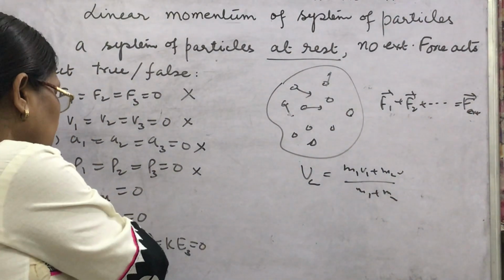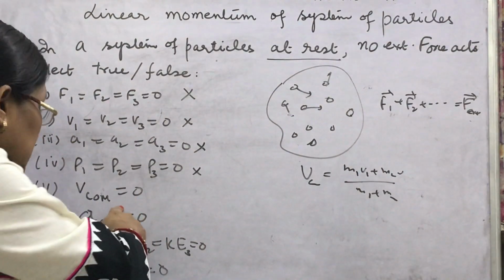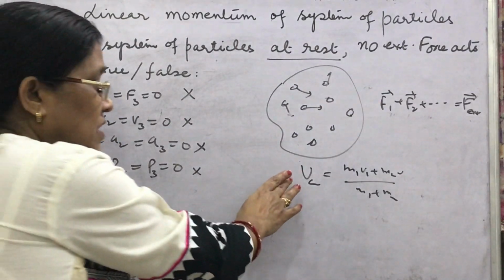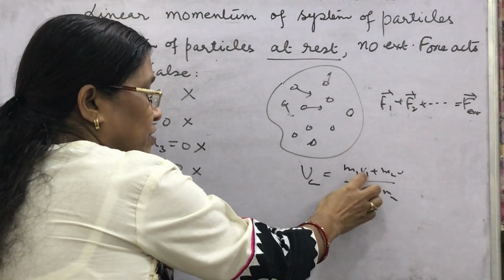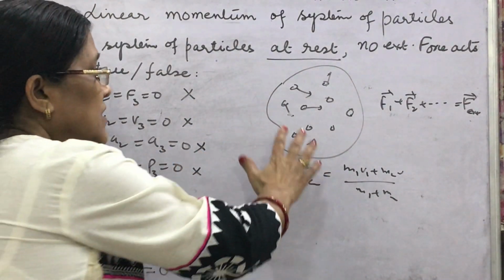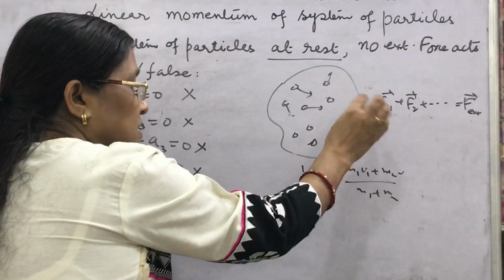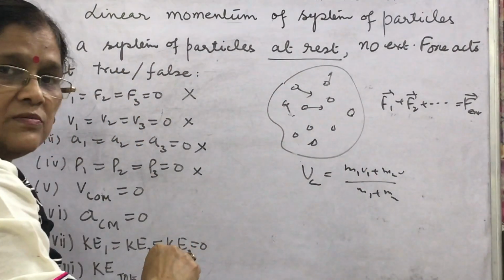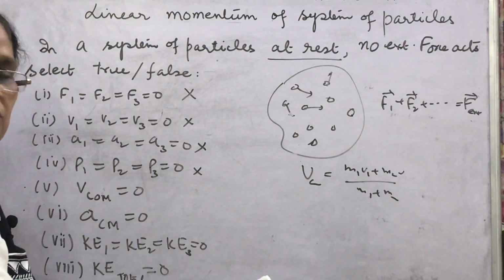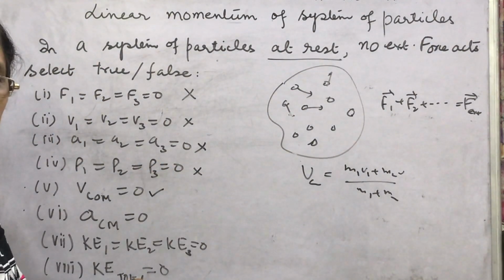We can write VCM equal to 0. This will be true. You can also say that if V1, V2, V3 are not 0 and the system is at rest, their resultant may be 0. So yes, it may be true. Velocity is a vector quantity.